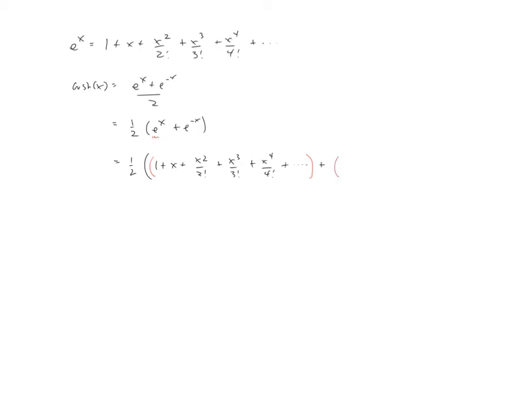Now we're going to have e to the negative x. So e to the negative x is going to be this guy right here, but every place I see an x, I'm going to replace it with a negative x, okay? And in doing so, that's still going to give us a 1, but now we're going to have a minus x plus x squared over 2 factorial, and then a minus x cubed over 3 factorial.